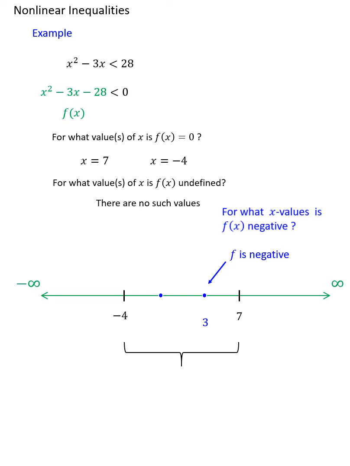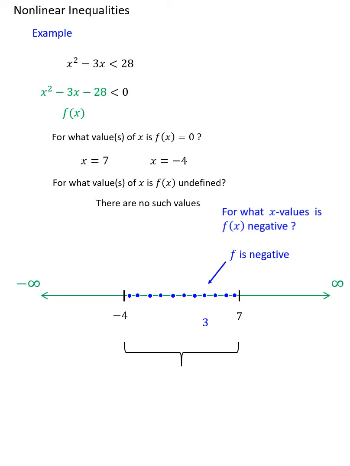But -4 and 7 are the only places where the function is 0 or undefined. And therefore, -4 and 7 are the only places where this function can change from positive to negative. And if it's negative at 3, then it's negative there, and it's negative there, and it's negative there. And in all of these places, the function has to be negative, simply because it was negative when x is 3.